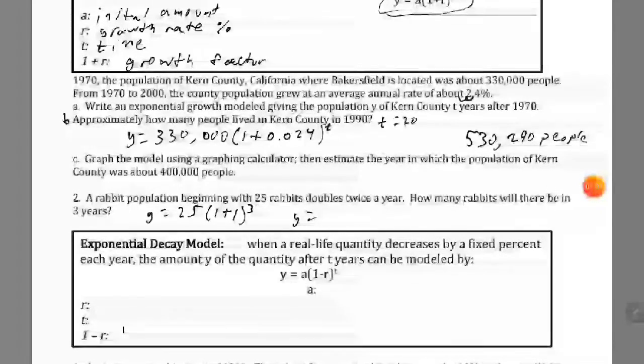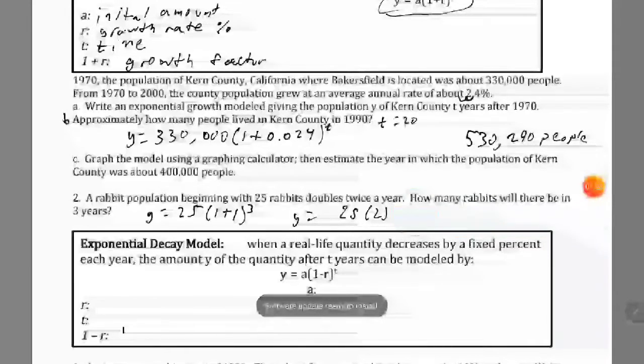So y equals 25 times 2 to the 3rd power, which is 25 times 8... Oh, doubles twice a year. My bad. So it doubles twice a year. That means if it's 3 years, it's actually the power of 6 here.